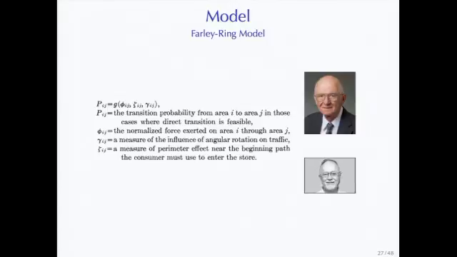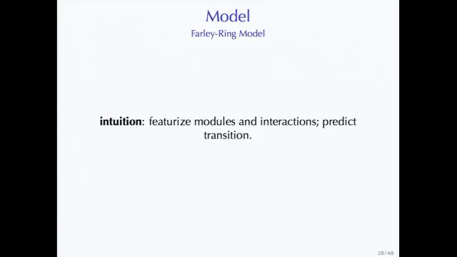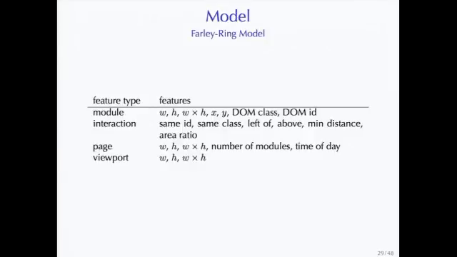Okay, so they looked at these three features here, which were inspired somewhat by physics, and we're going to look at a few more. So again, the intuition here is we're going to featurize the start and end states and then make predictions based on those features. Here are the features that we're going to look at in the mouse tracking example. There are what I'm going to call module level features, which are just things like the geometric properties of the module.